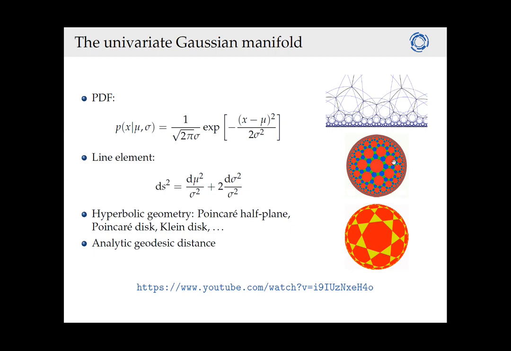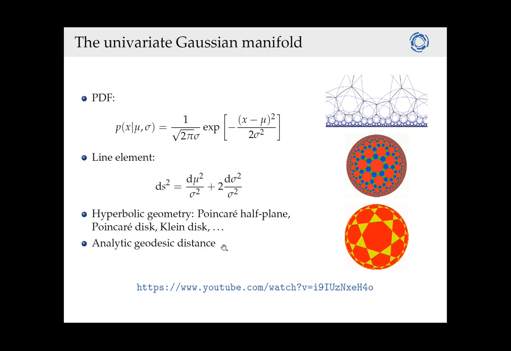Now this is another model, it's called the Poincaré disk. This is actually a bounded model because you represent the whole of the hyperbolic geometry in this model, and again here you see a tiling of that space. This is the Klein disk, another representation.